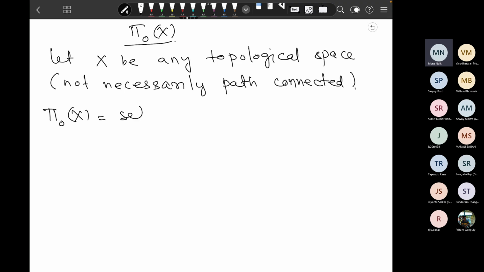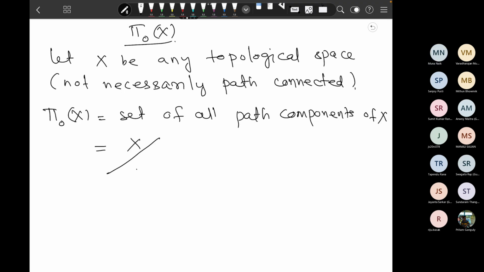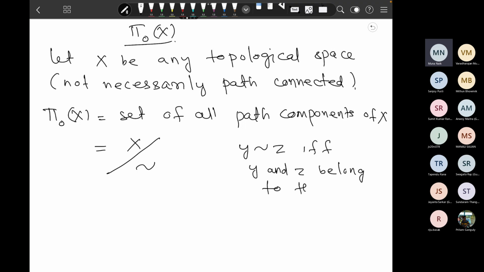This is the set of all path components of X. So pi naught of X is really the quotient space of X, where y is related to z if and only if y and z belong to the same path component.